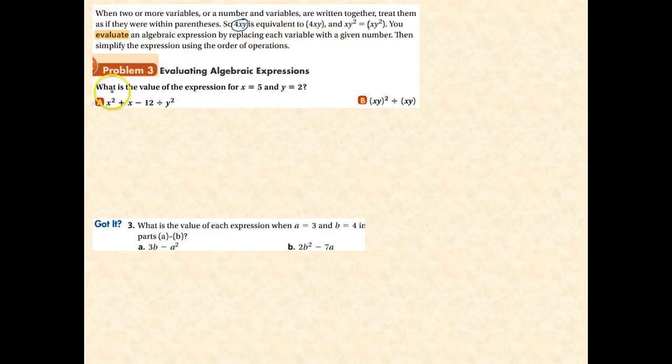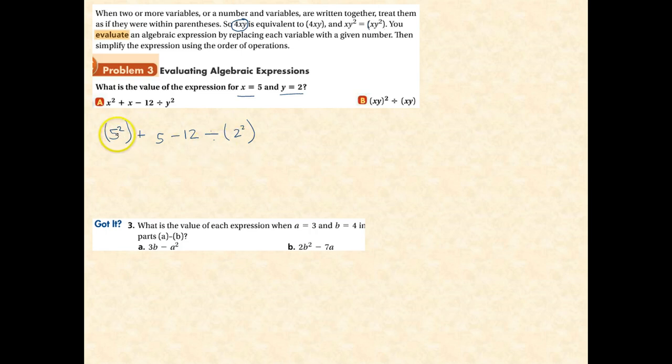So, for number 1, what is the value of the expression for x equals 5 and y equals 2? We've got x squared plus x minus 12 divided by y squared. So x squared is 5 squared, plus x is 5, minus 12 divided by 2 squared.